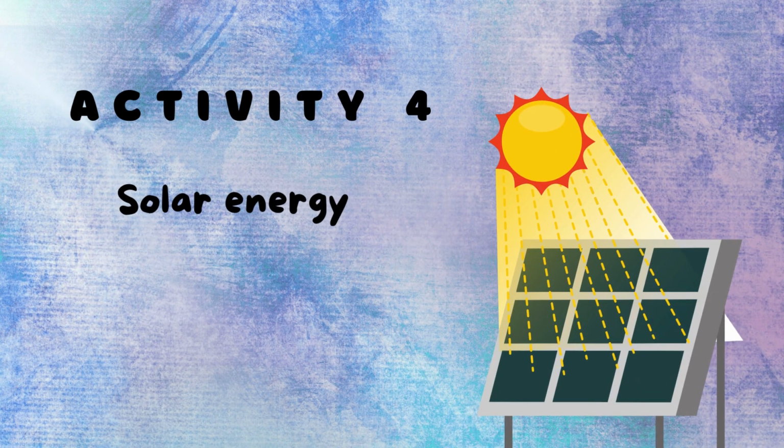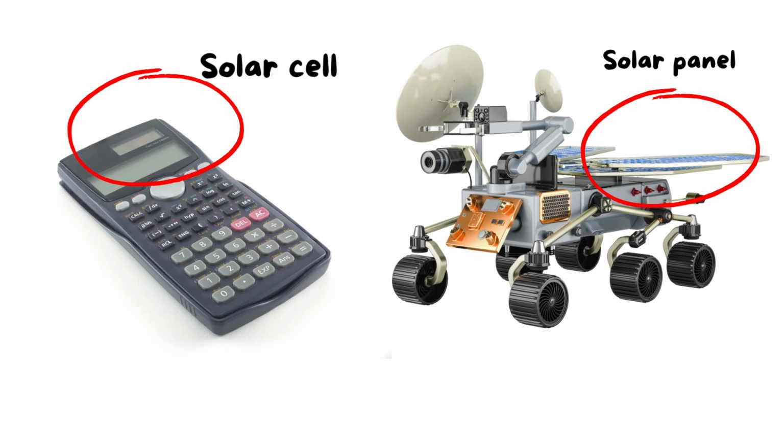Now we have activity 4, solar energy. As we studied before, the solar panel converts solar energy into electrical energy. We have examples like the Mars rover Curiosity, where the solar panel converts the solar energy into electrical energy to recharge the batteries in the Mars rover Curiosity, yes?